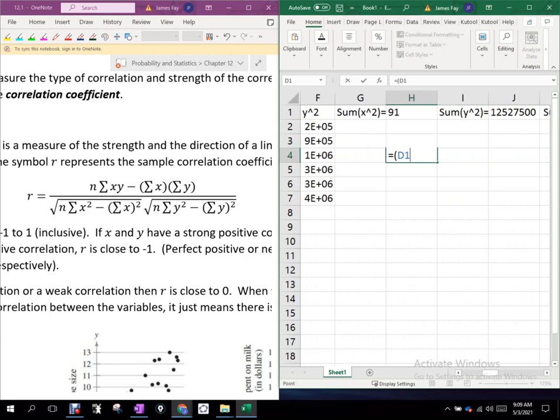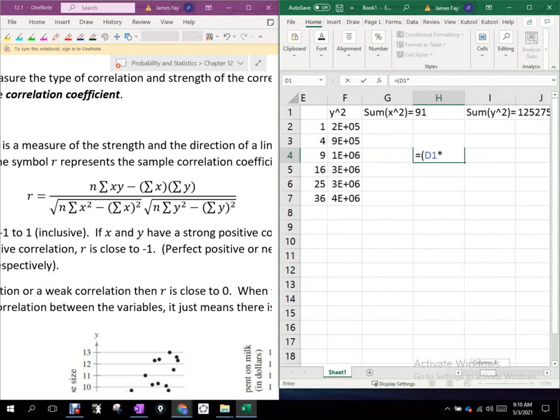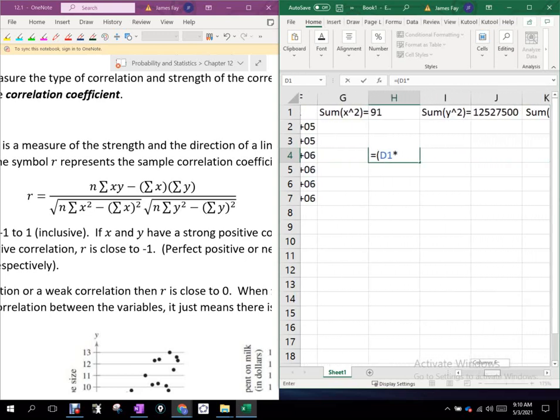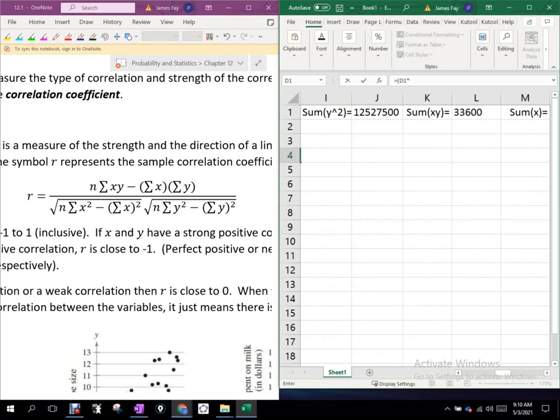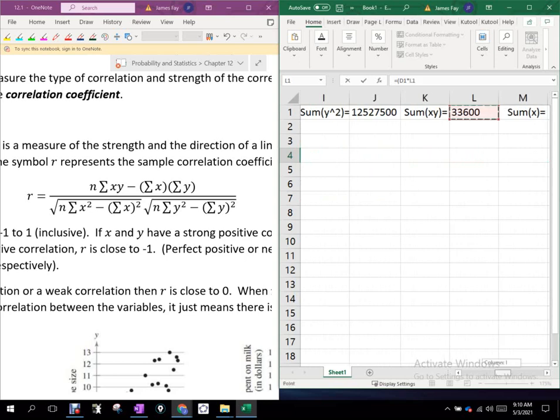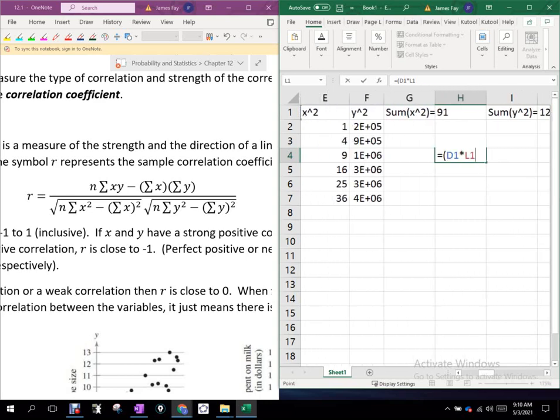Okay. Now we need to multiply that by the sum of xy. Well, sum of xy for us, you go find where it's at. Sum of xy is that number there. So coming back here, right now we've got D1 times L1. We're going to subtract from that. Now I'm going to put a parenthesis here. It's the sum of x.